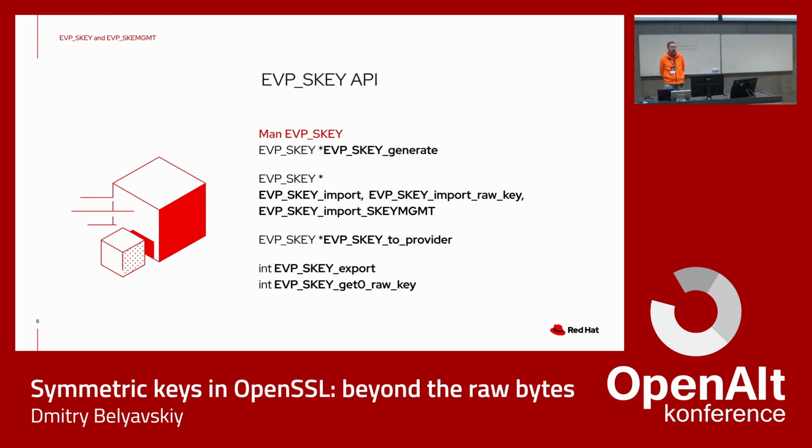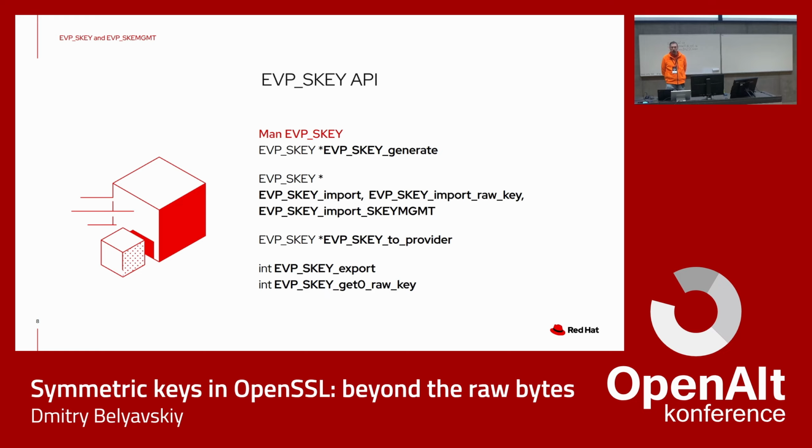New API. If you don't implement the provider, it's what you should basically read about. EVP_SKEY. You will see that we have functions to generate an opaque object. Of course, we should be able to import raw bytes when we have a key represented in raw bytes form.